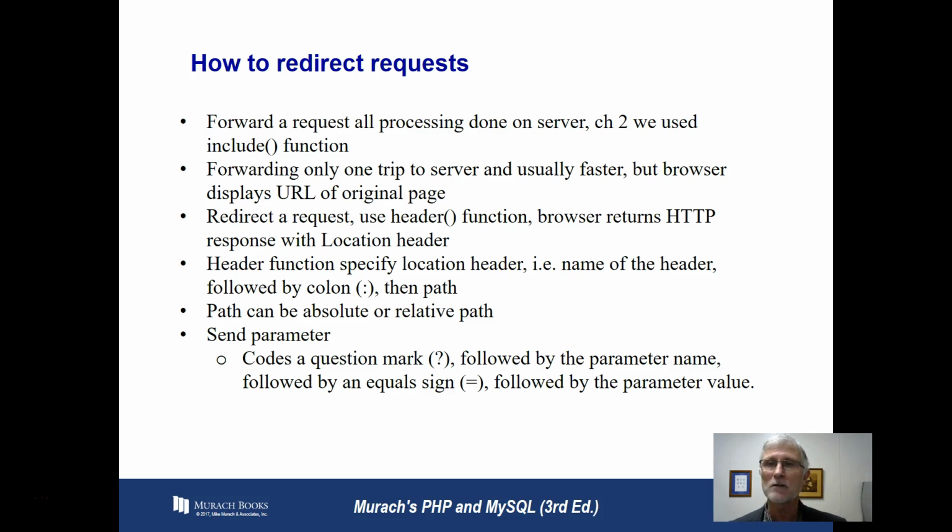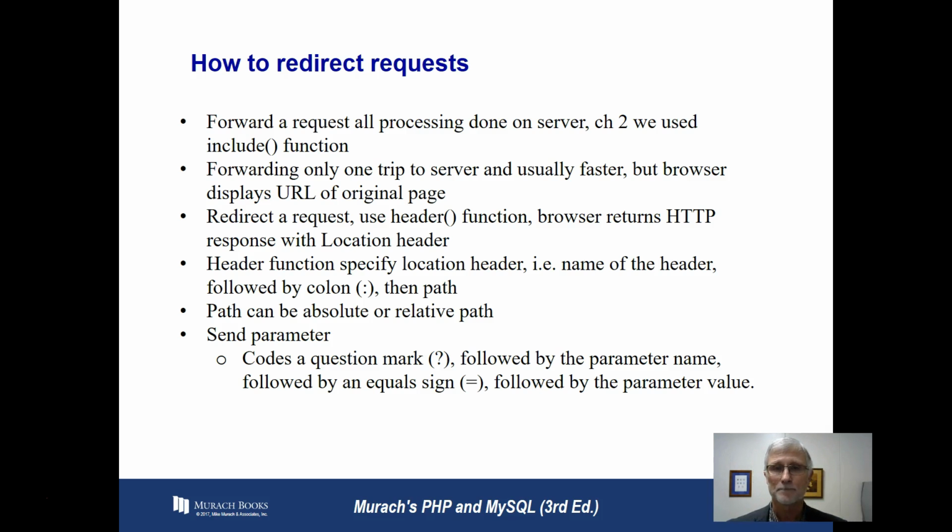The browser, when you execute it, shows the original URL of the page. Sometimes you like that. That's fine. It's faster because all the work is done on the server. So I forwarded it using the include function, all the work is being done on the server, and whatever information comes back. But just know that when somebody's looking at your web page, they see the URL of the original page.